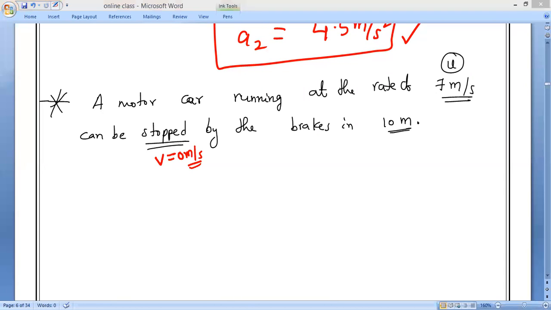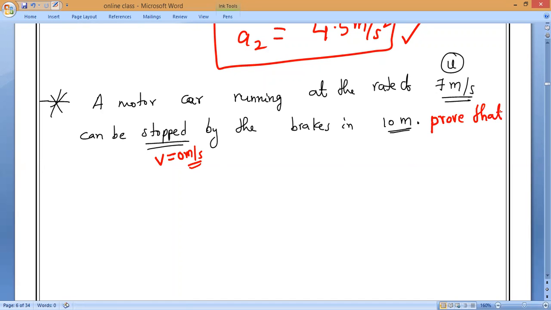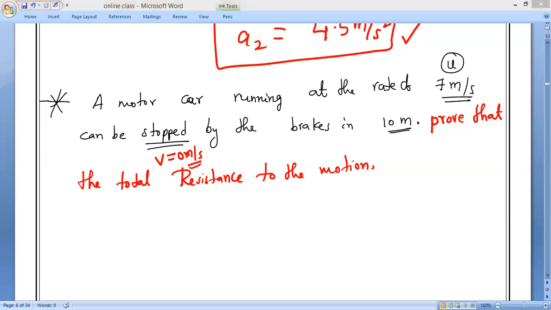Prove that the total resistance to the motion when the brakes are on is 1/4 of the weight of the car. It's a very important type of question, a prove-that question.